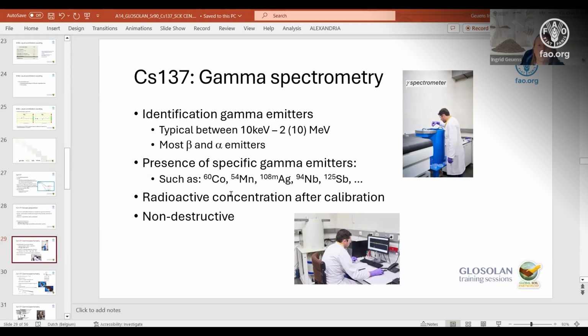You can then have radioactive concentration after doing a calibration, and it's a non-destructive analysis, so you don't have to bring it into solution. It's just good to do it if you really want to have a good quantitative result. But it can be directly on materials, and then it's non-destructive.